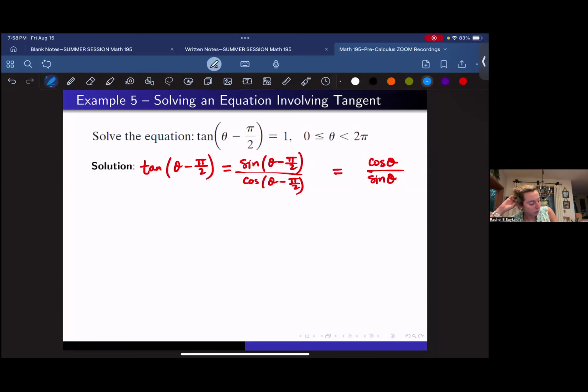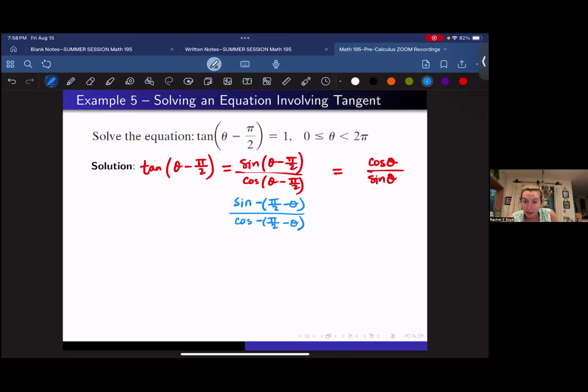And when we do, we end up with sine of negative, in parentheses, pi over 2 minus theta. And so now it's in our cofunction identity form. All divided by cosine, pull out that negative, pi over 2 minus theta.